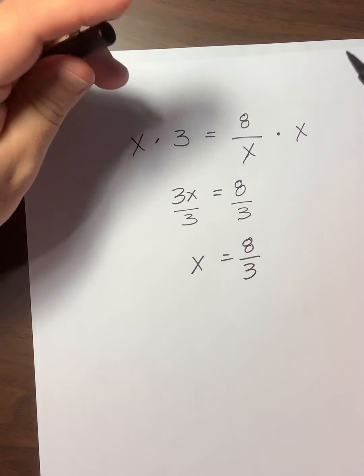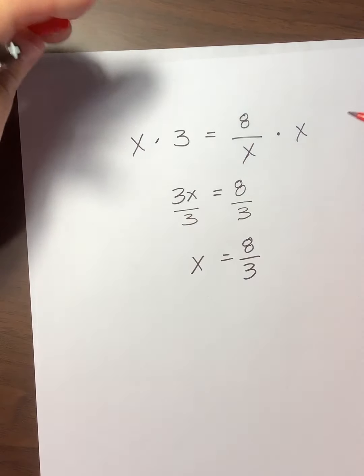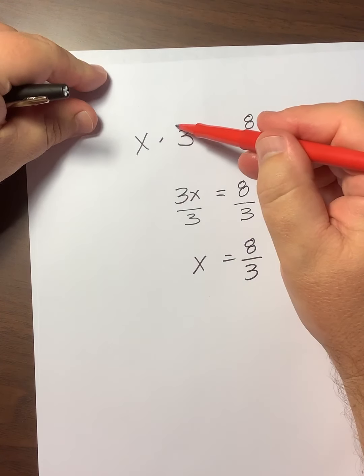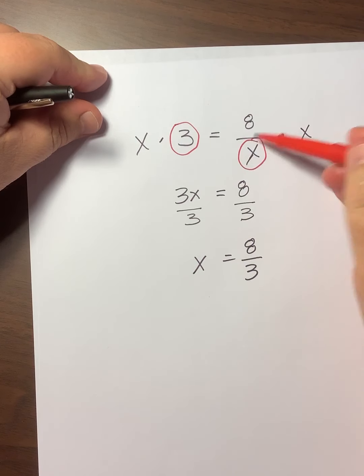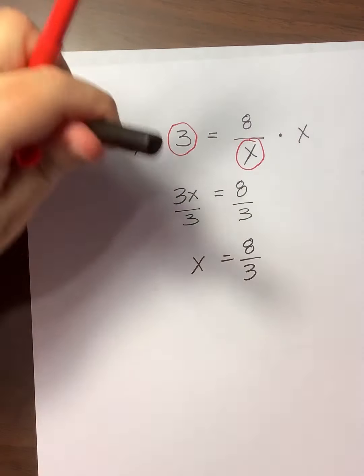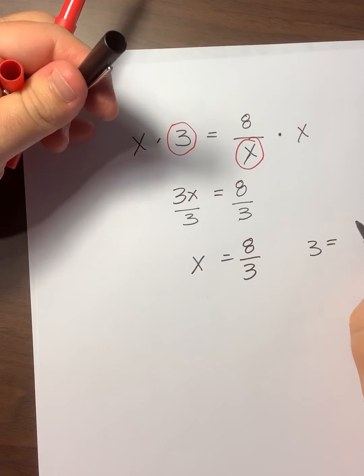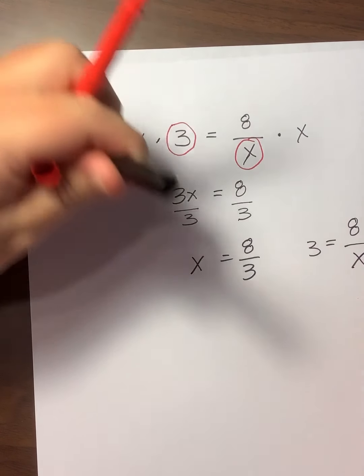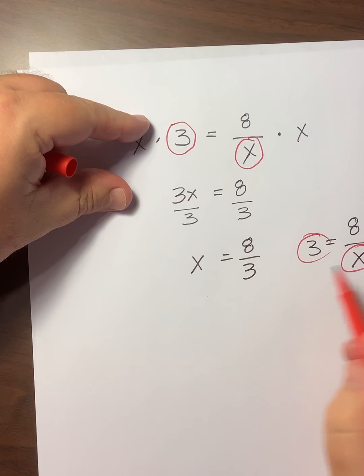But what I really want you to see is that there's a super easy shortcut. Do you notice where the 3 was in the initial problem and the x was in the initial problem? Let me actually write it over here next to it so we don't have these other x's being confused. So this was the original problem here. Do you notice where the 3 is and where the x is?